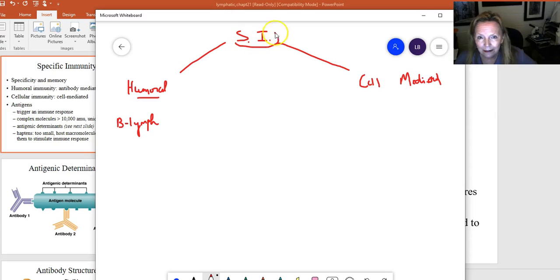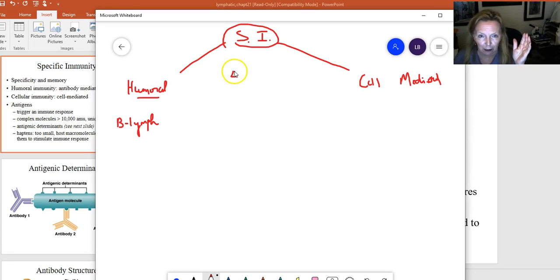When the body encounters a specific foreign antigen, and remember, antigens are proteins, each microorganism, each microbe, and each living cell has its own unique antigenic molecules that are uniquely their own. Every species is different.